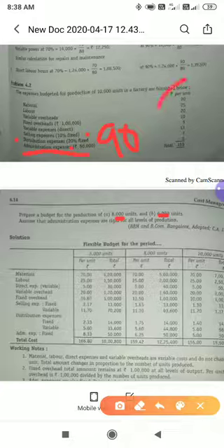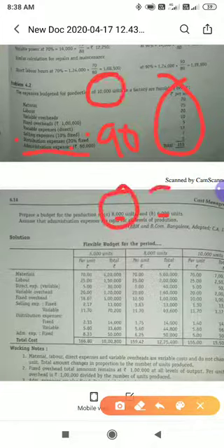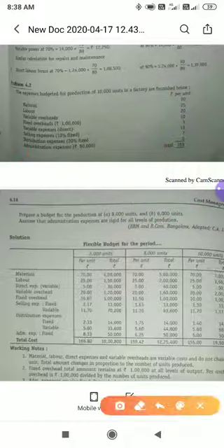They have given details for 10,000 units. So you have to prepare budget for 6,000, 8,000 and 10,000 units. Assume administration expenses are rigid, that is fixed for all the levels of production. So this question you should understand carefully.